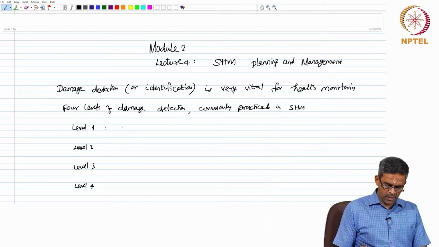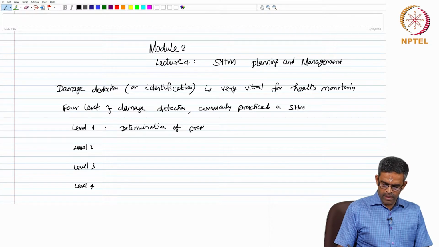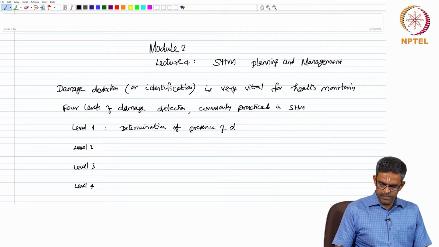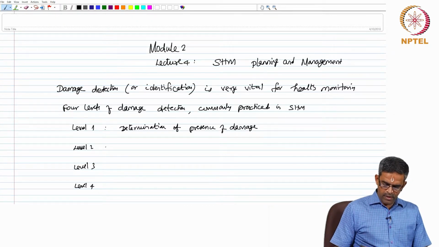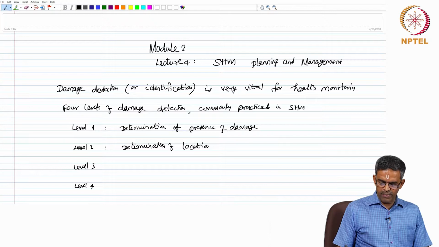Level 1 deals with determination of presence of damage. Level 2 deals with determination of location of damage.